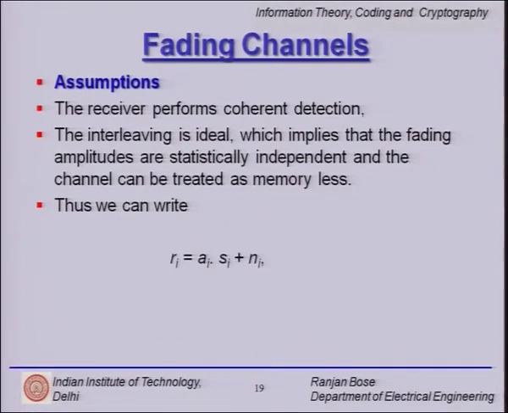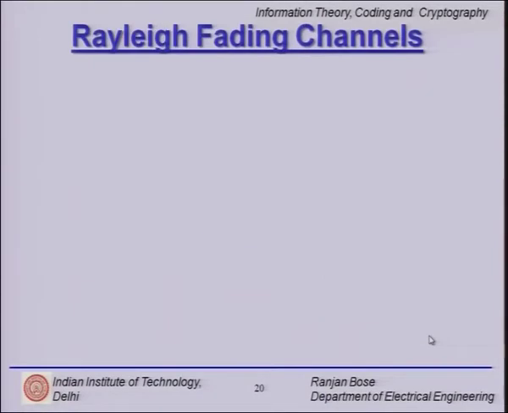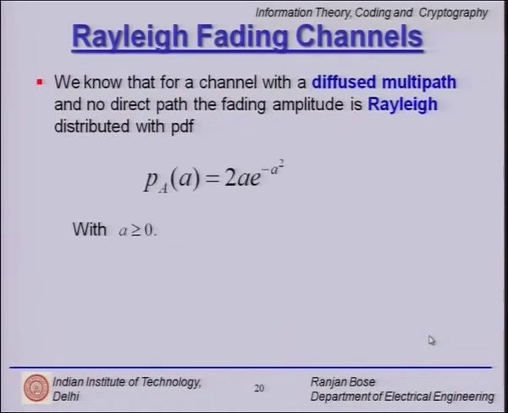So, we have R_i equals A_i times S_i plus N_i, and we know that for a channel with diffused multipath with no direct line of sight between the transmitter and receiver, the fading can be rightly modeled as Rayleigh distributed. So, we write the PDF of the Rayleigh fading channel as follows.